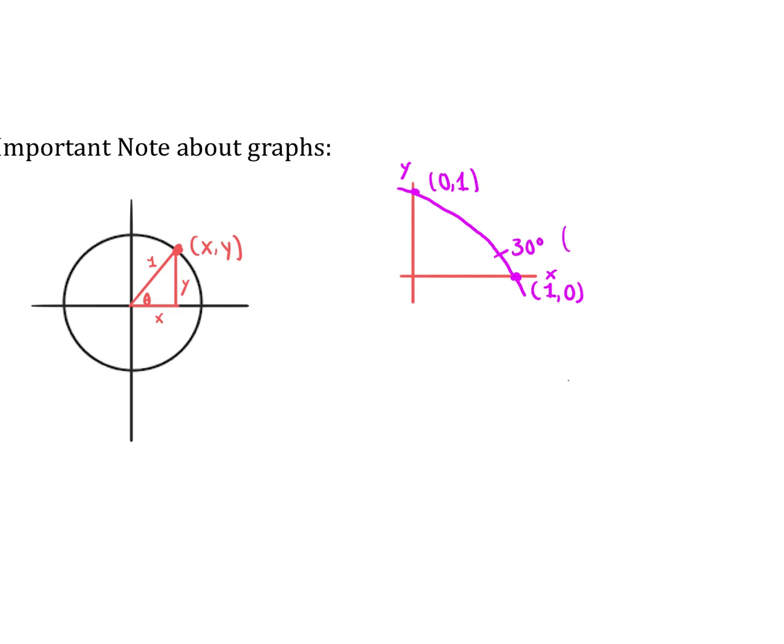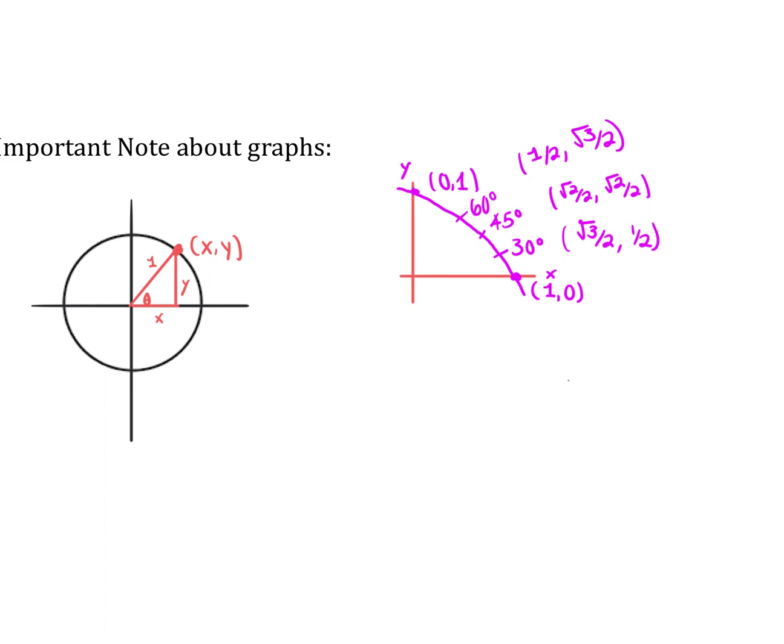That is going to correspond with radical 3/2, 1/2. Then we have a 45-degree angle here. That's going to correspond with radical 2/2, radical 2/2. And then we have a 60-degree angle here, and that's going to be 1/2, radical 3/2.